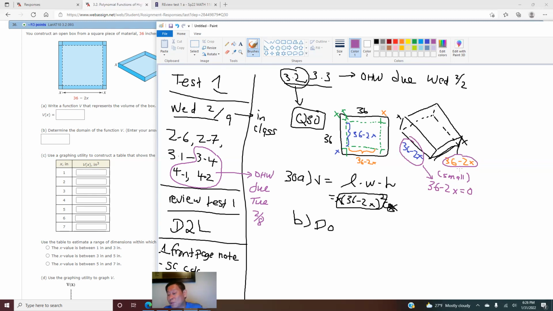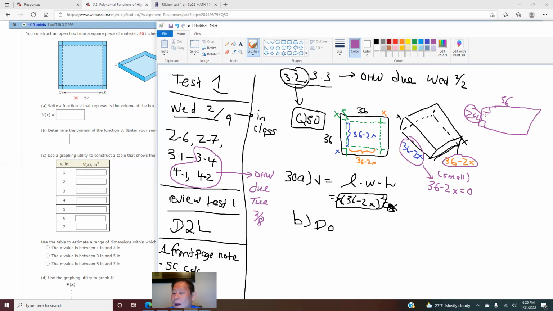The reason we use the smaller one is because when we talk about the domain, X in this case is the square that you can cut. So we always concentrate on the smaller piece, because if you only have 24 by 36, the domain is bounded by the 24.